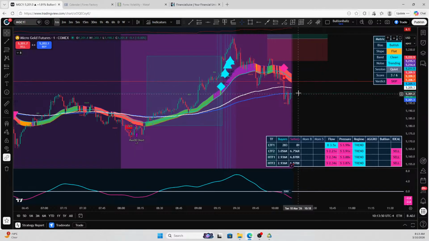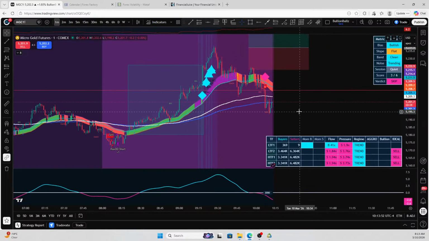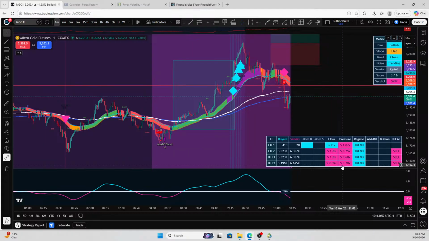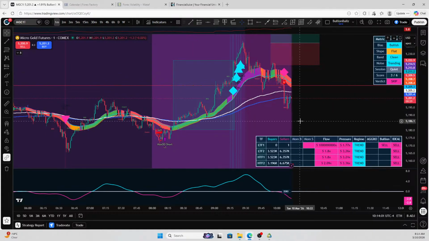I would still like to see breakout trading happening. I don't want to see price going down, I want to see price continuing to the upside. But based on what I see right now, short term price has become bearish.